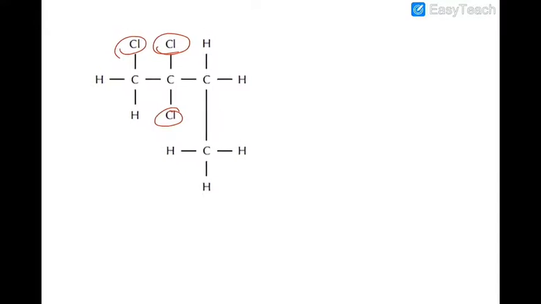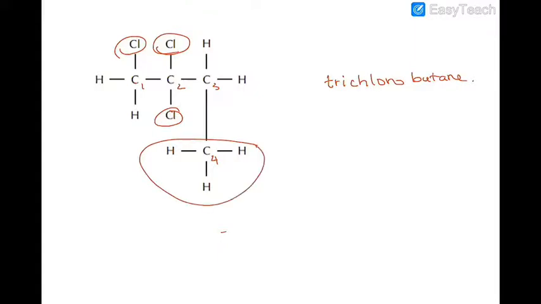So this is going to be a trichloro. So you have 1, 2, 3, 4 carbons. So trichlorobutane. Be careful, this is not a methyl side chain.